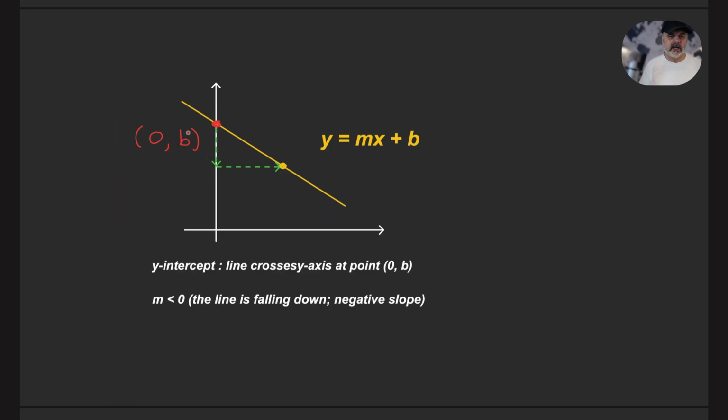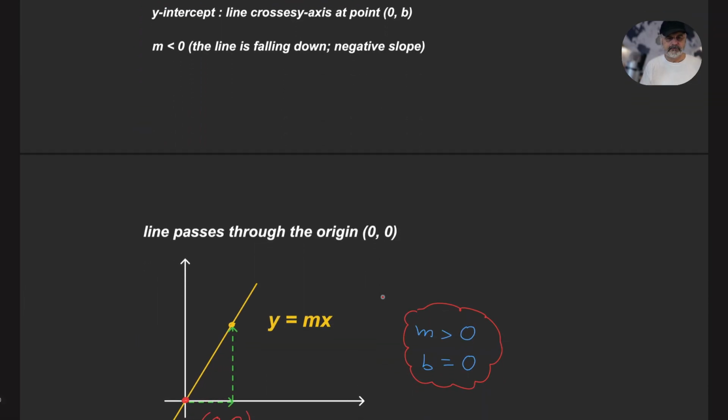This is the y-intercept, we call it, because you cut through the y-axis. In this diagram, the line is represented by mx plus b, slope-intercept form. If the line shows the direction going down, then we understand that the value of the slope would be negative in this case.